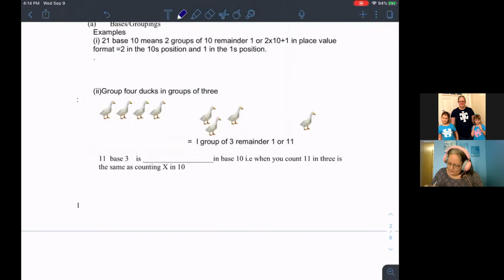All right, so this is 11 base 3. What is that in base 10? We need to change that to base 10, so we need to multiply by 3 to the 0 and 3 to the 1.